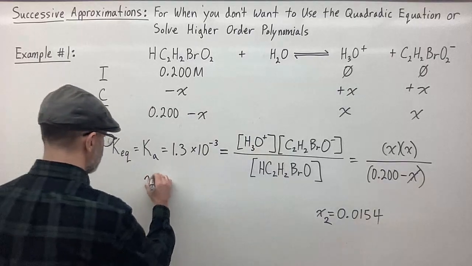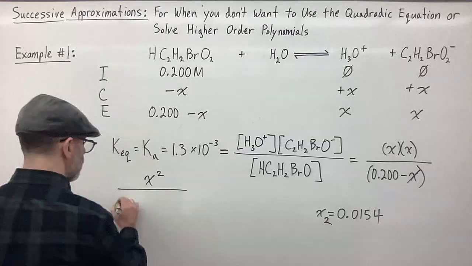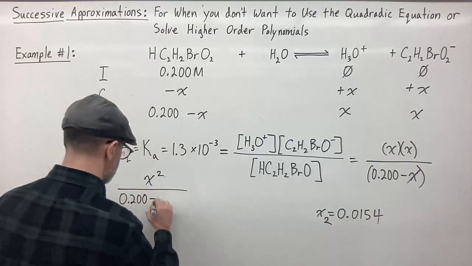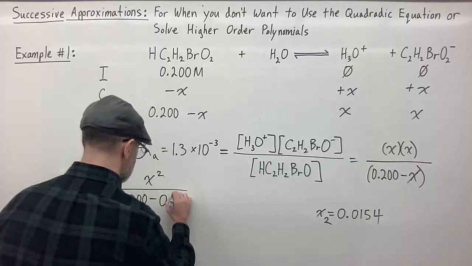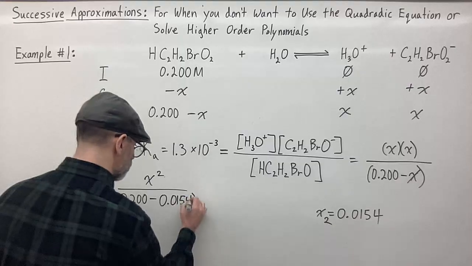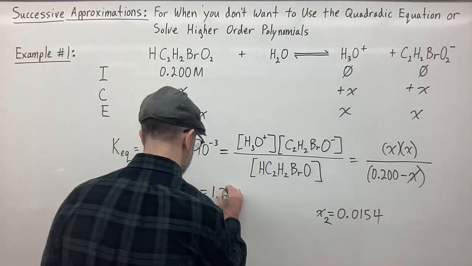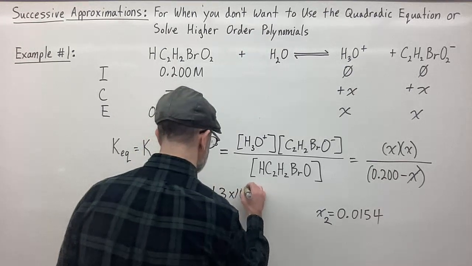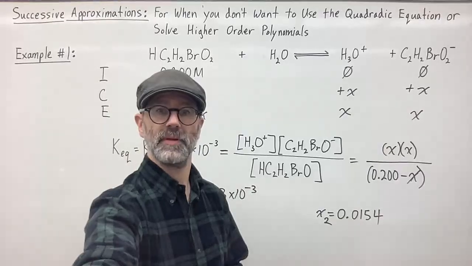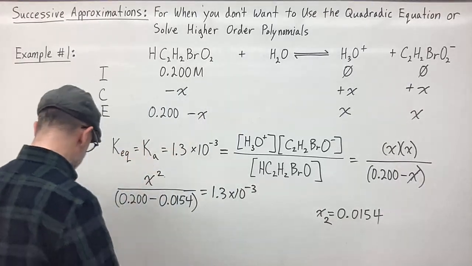So I'm going to have x squared over 0.200 minus 0.0154, and that's going to be equal to 1.3 times 10 to the negative 3. Let's calculate this out.